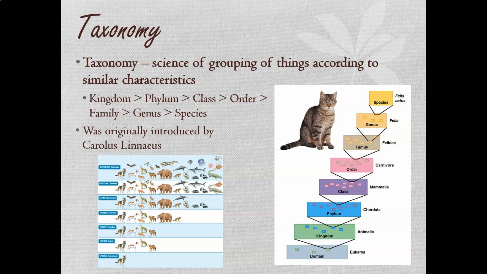So the kingdom to species classification was originally introduced by Carlos Linnaeus, and we mentioned him as being one of those influencers for Darwin. He predated Darwin, but he was really the one to suggest that if we looked at organisms, we could start putting them together in categories, and as a result, be able to come up with some commonalities, a common language to be able to discuss those species.